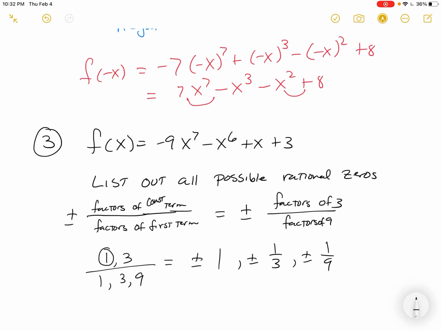So now I'm going to come in here and, maybe a red highlighter, I'm going to X out that 1. I've exhausted that. Now let me put the 3 on top. And I'm just pretty systematic as I go through here. Plus or minus 3 over 1, which is 3. Plus or minus 3 over 3, but 3 over 3 is 1. Right?